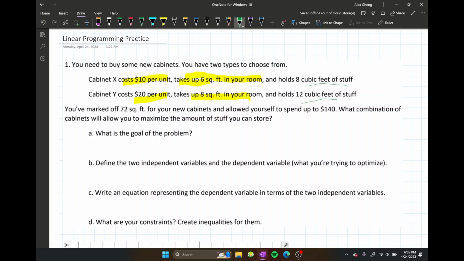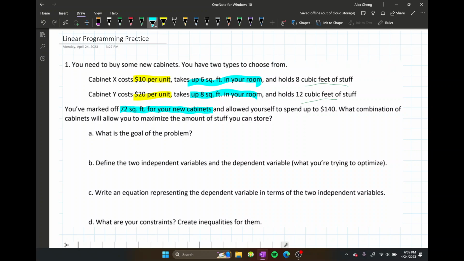Okay, so let's suppose that in your room, you've marked off 72 square feet. So that's going to be related to this. So maybe I should color these in a way that matches. So let's do these in yellow and these in blue. Right? You've marked off 72 square feet for your new cabinets. So that's the footprint that you're going to put these cabinets in. Remember, you cannot fill your entire room with cabinets because you have no place to sleep and walk around.